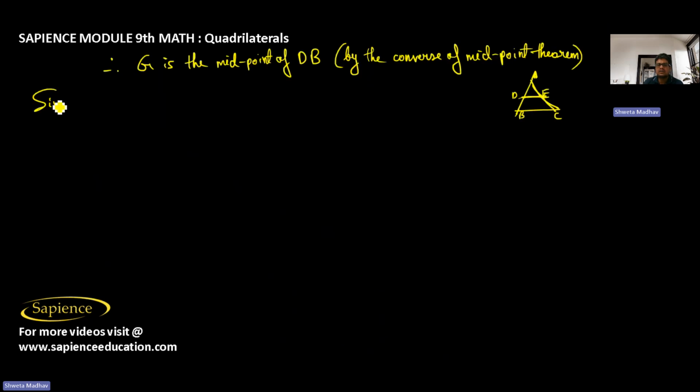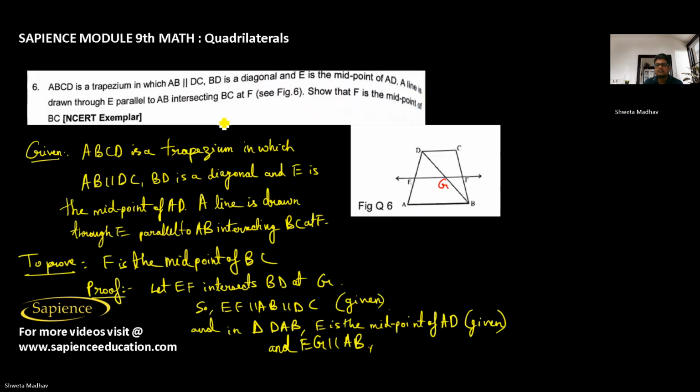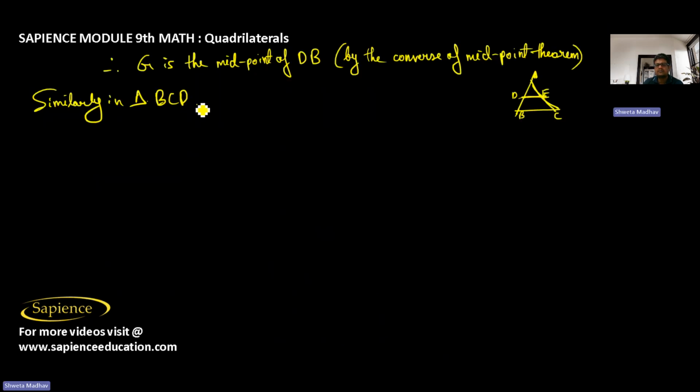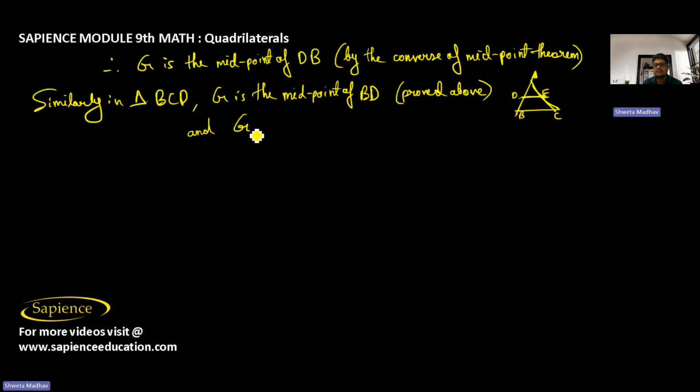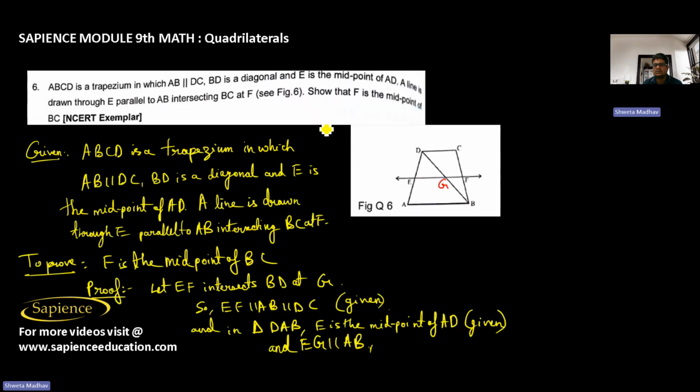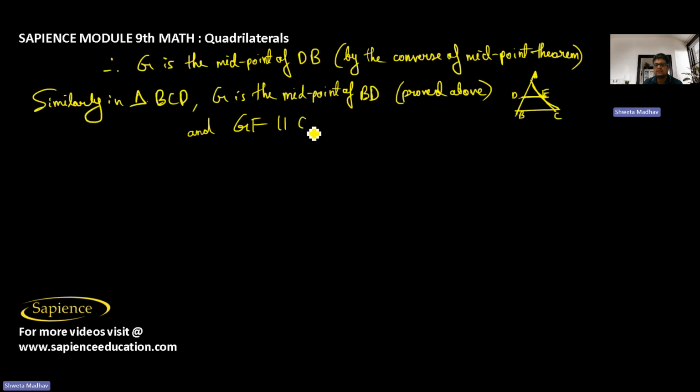Similarly, in triangle BCD, G is the midpoint of BD, which we have proved above. And also GF is parallel to CD.